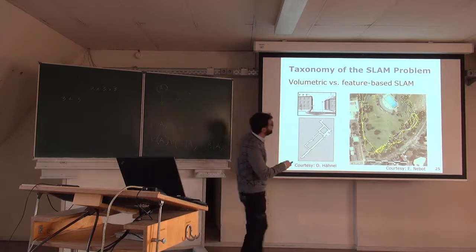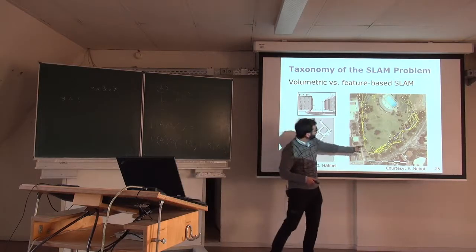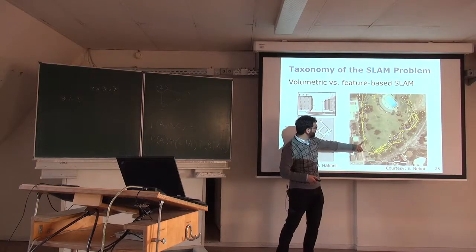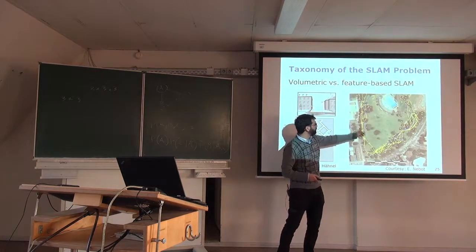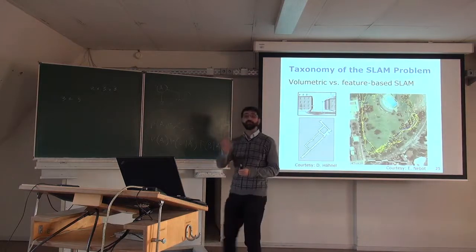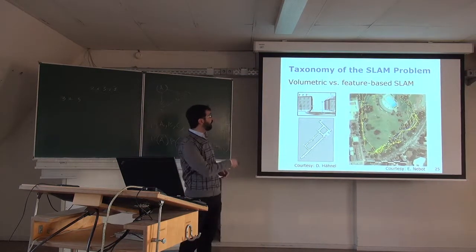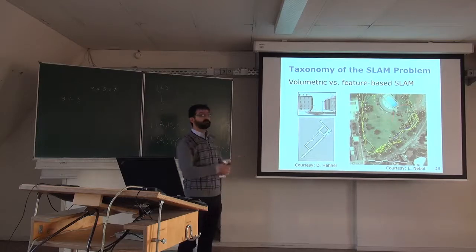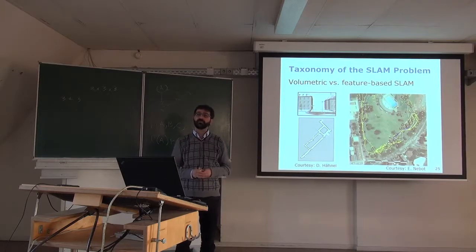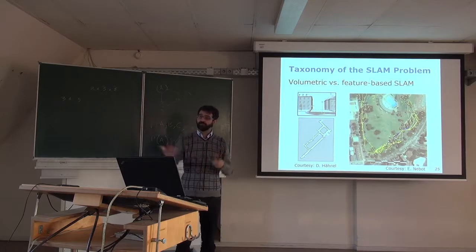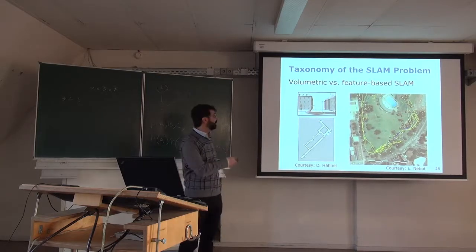And in this case, you can imagine this is something collected in Sydney, and you can see these individual dots. These are different tree trunks that a robot, where in this case was a car, drove around this park and detected these trunks and used that as potential feature in the map, in this case here.